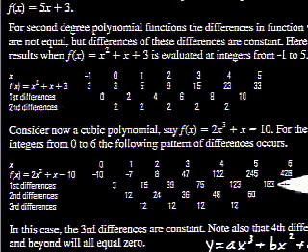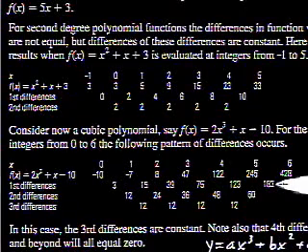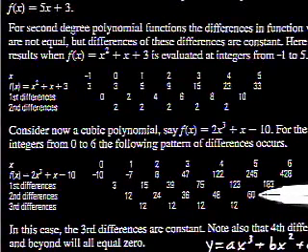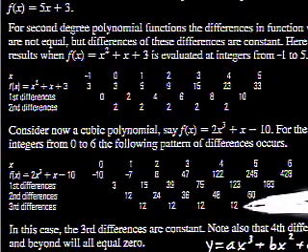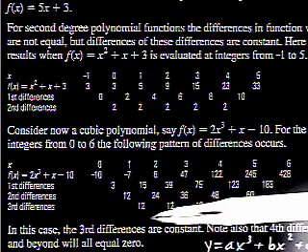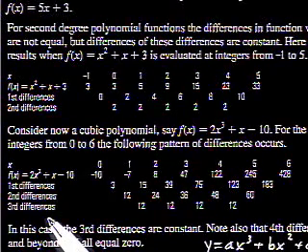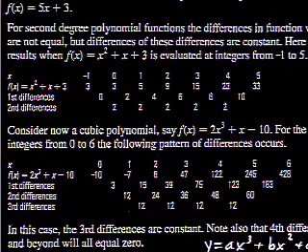And when we did the first set of differences, they did not give me the same non-zero constant. And when we did it again, we did not get the same non-zero constant. And when we did it again, 60 minus 48, 48 minus 36, 36 minus 24, 24 minus 12. Oh, look, we got the same non-zero constant. But it took me 3 sets of differences before that happened.